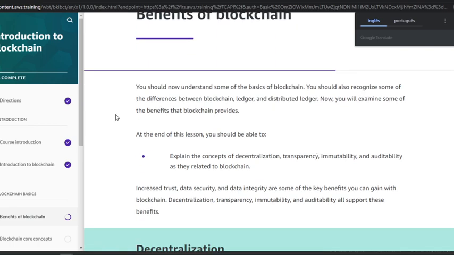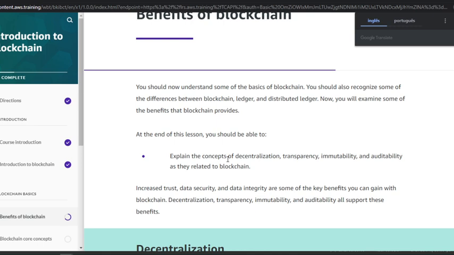Okay, you should now understand some of the basics of blockchain. You should also recognize some of the differences between blockchain, ledger, and distributed ledger. Now we will examine some of the benefits that blockchain provides.